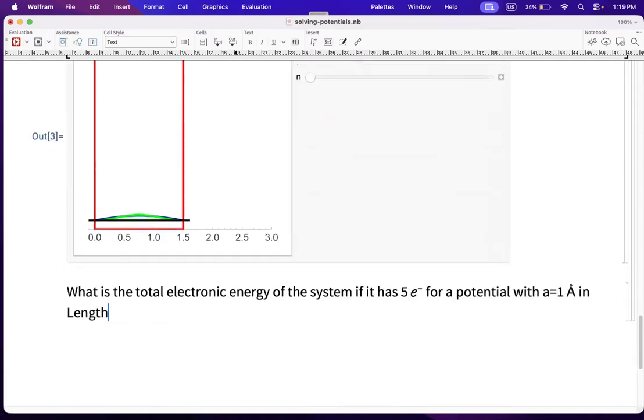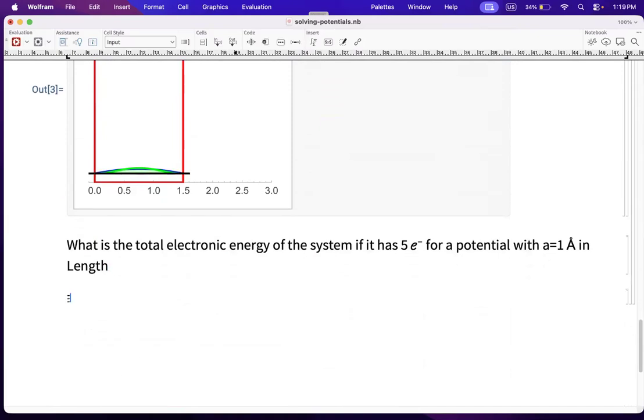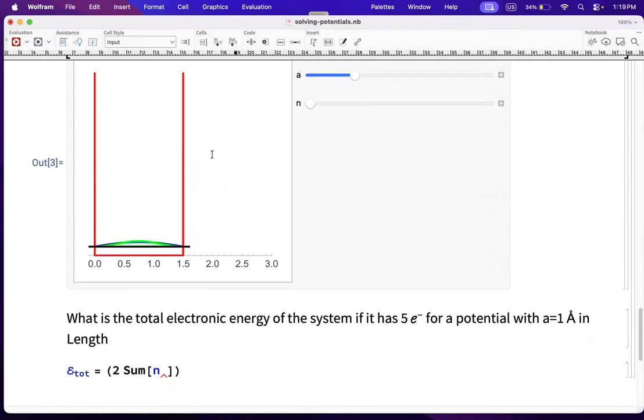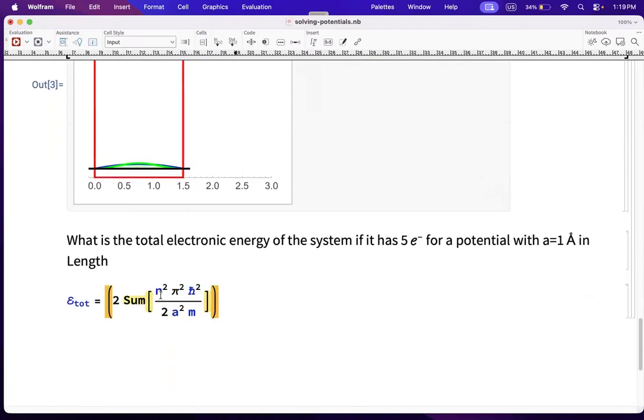So what will be the E total? The E total is equal to 2 times the sum of n squared, I'm going to copy this formula, with n from 1 to 2, plus this.